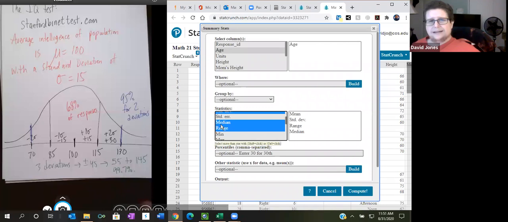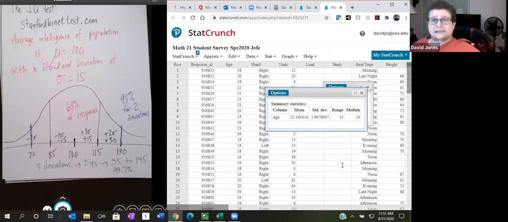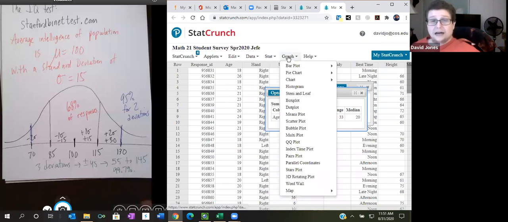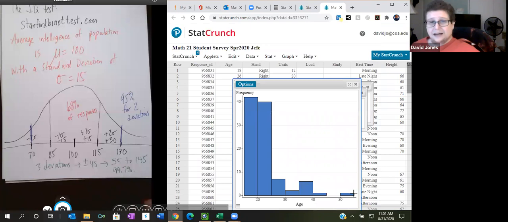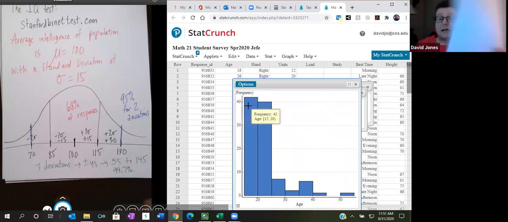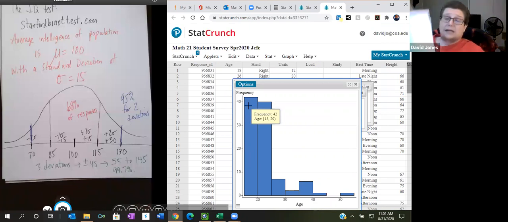Let's throw median in there to take a peek at it too. The range is 33, which means, what was the highest value and lowest value? Do a histogram of age. There was a student over 50 in the class, and 15 was the youngest student. So there was a good range of students there.